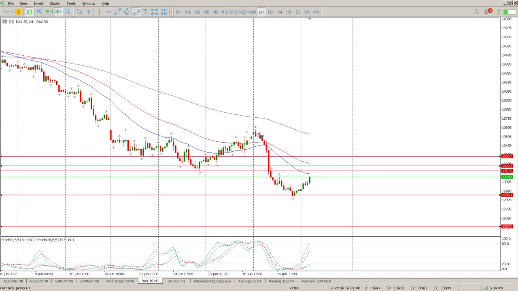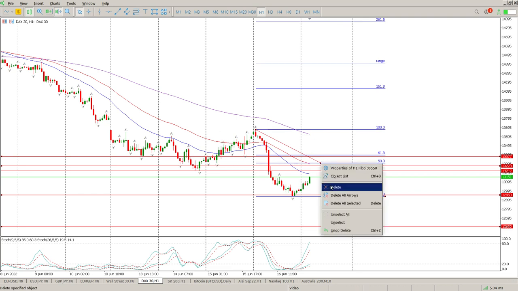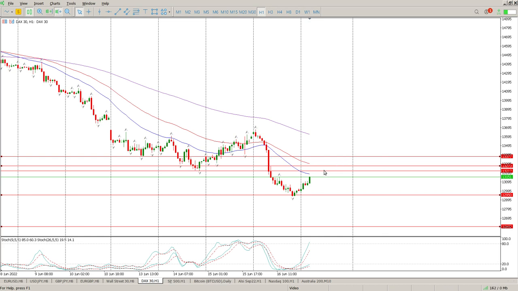If I put a Fibonacci level onto this, you'll more than likely find 61.8 to 50% all in this area I've just given you. So what you're looking for is a rejection of 13,217 or 13,273 or alternatively 13,377. You get a rejection there, you're looking for another leg down.